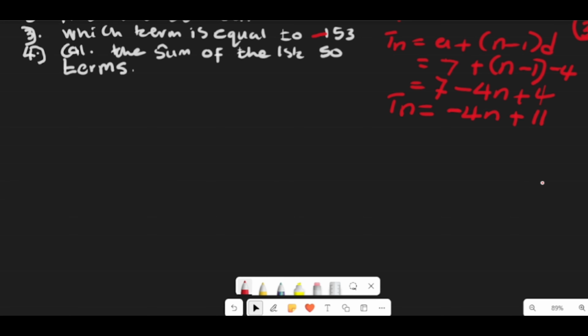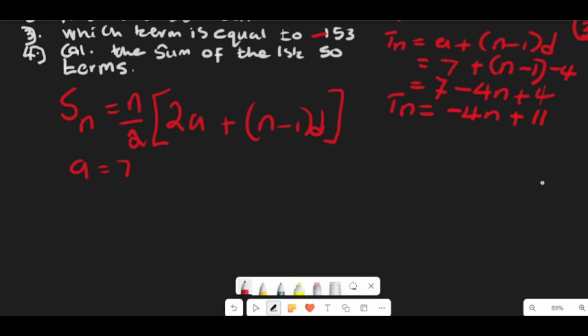We all know the formula for the sum of an arithmetic sequence is Sn equals n divided by 2, in brackets 2a plus (n minus 1)d. We already know that a is equal to 7, and d is equal to minus 4.